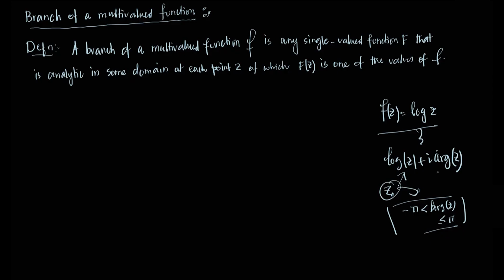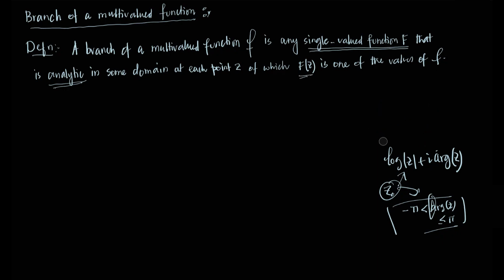And then if you take this principal argument and add another 2 pi, that will give you another value, right? So essentially we are talking about a single valued function, capital F, which has to be analytic in some domain, where f of z is one of the values of capital F.